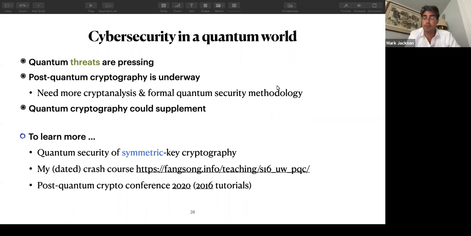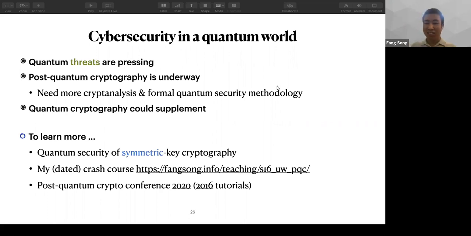So Arland from before has a follow-up question. How would you get into quantum cryptography? Good question. I would recommend starting with QKD, for which there are lots of tutorials around, since QKD was first proposed in the 80s.